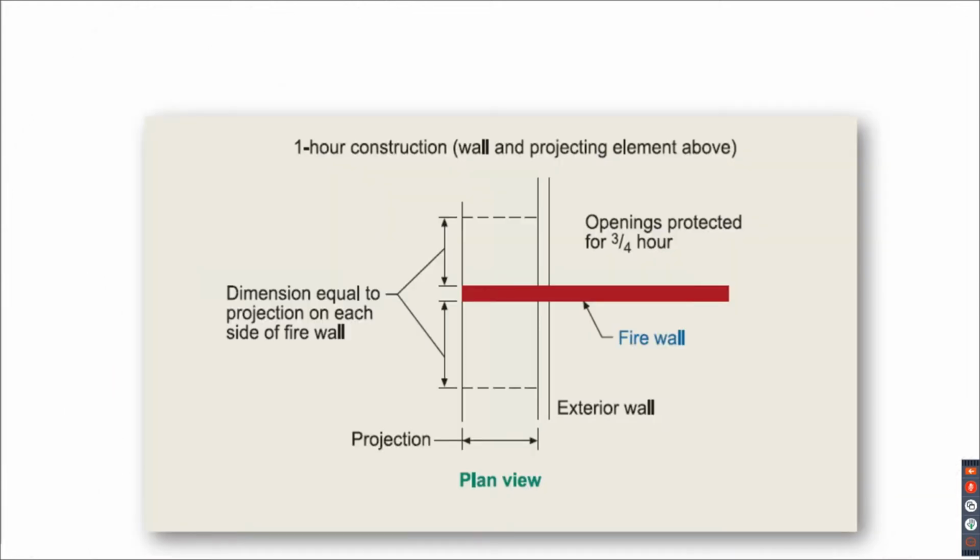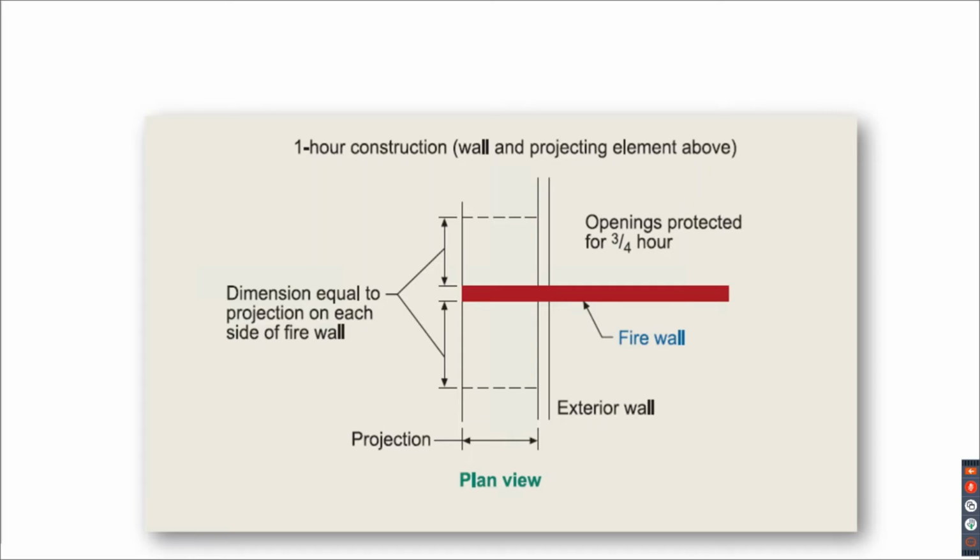So here are some visuals. Again, if you're keeping this presentation, make sure to keep the visuals as well. They help out. On the right, you've got your exterior wall, and going towards the left, you've got this projection, and then you have your firewall, and you've got the dimension equal to the projection on each side of the firewall.